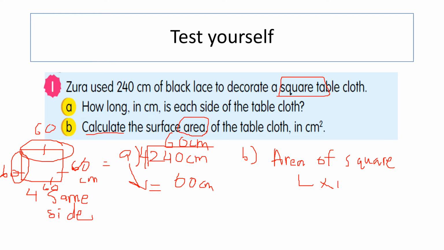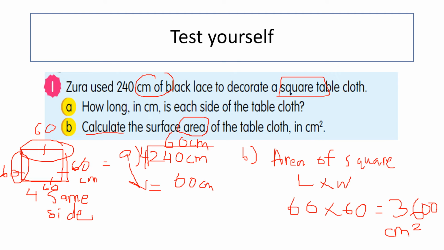So 60 times 60, you get 3,600. Oh sorry, not meter square, cm square. Sorry, the teacher did not see the unit. Centimeter square.